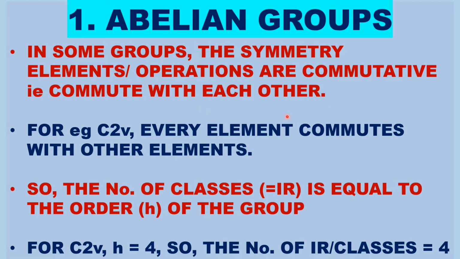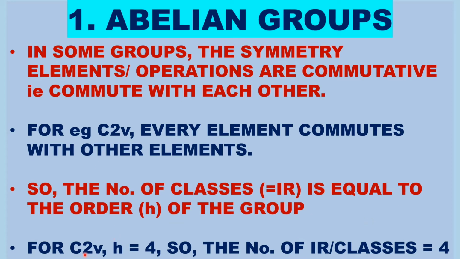They commute with each other, that is A cross B equal to B cross A. For example, C2V in water molecule, every symmetry element commutes with other elements. Therefore, the number of classes, also called the number of irreducible representations, is equal to the order of the group.